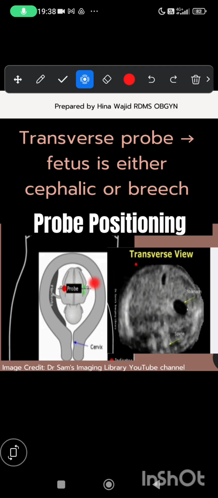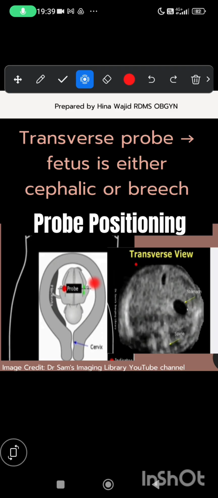Longitudinal. Yes. Whenever the probe is transverse, the lie will be longitudinal. So the fetus is either cephalic or breech, and to solve this type of question, they will definitely tell you about the probe position. So when they say in the exam the probe is placed transverse, what about fetal presentation? So you know it's either cephalic or breech.